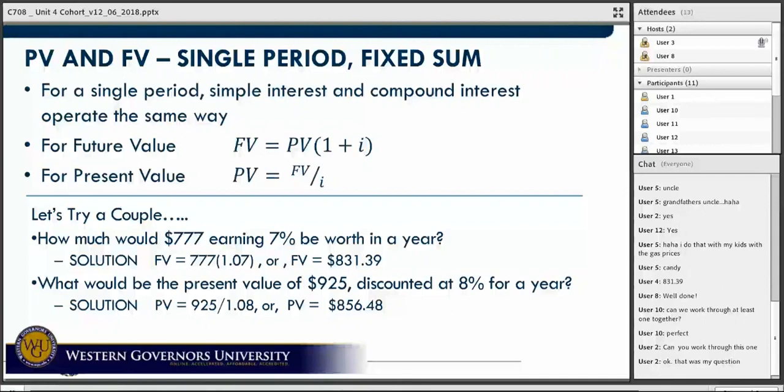And we got our future value. And then discounting, we just did the opposite. We took our future value and we divided it by 1 plus the interest rate to discount back to our present. The key thing to remember here, ladies and gentlemen, we compound forward, we discount back. That's an important distinction.